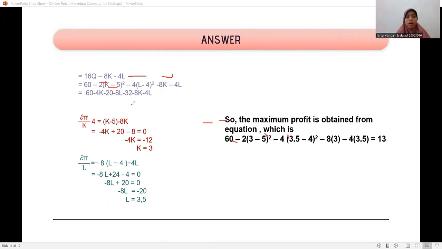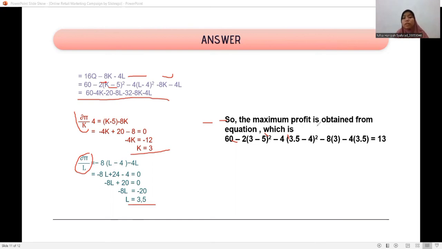We put the formula, the partial derivative of pi with respect to K, until we get the result K is 3, and we calculate by the formula until we get the result here.